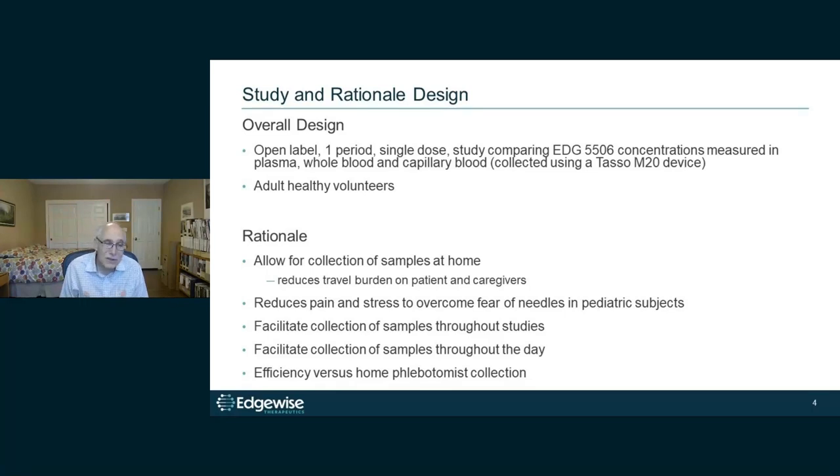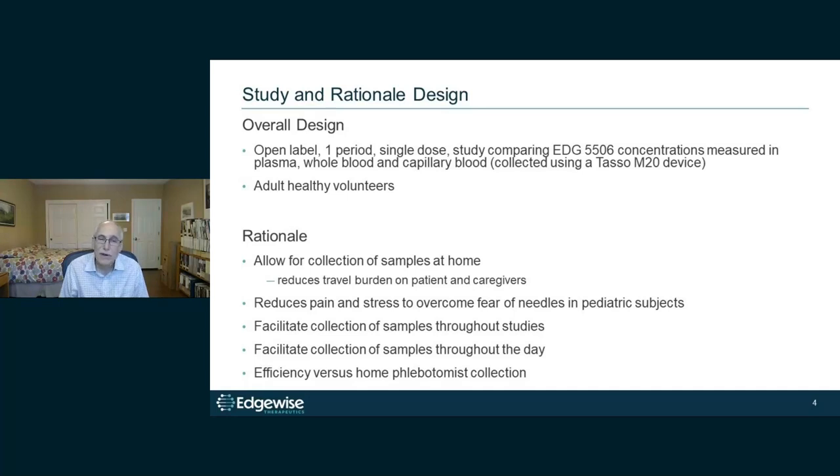It also has the side benefit of reducing pain and stress in this patient population, in the clinical studies in young boys with muscular dystrophy.